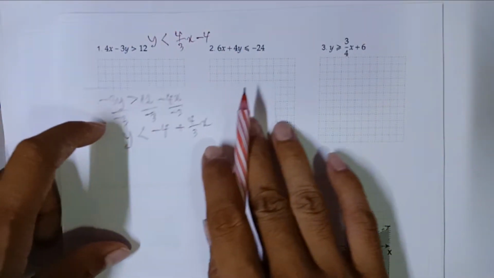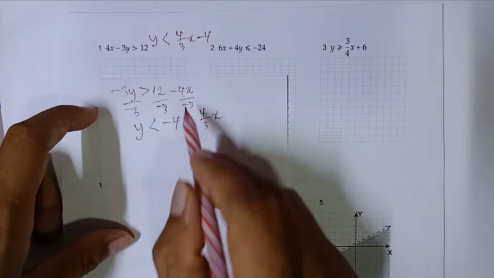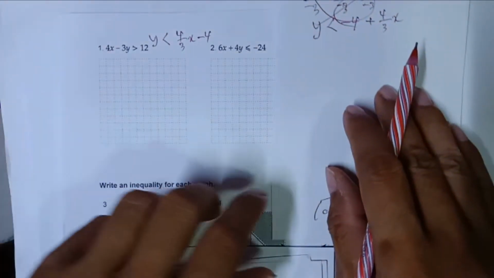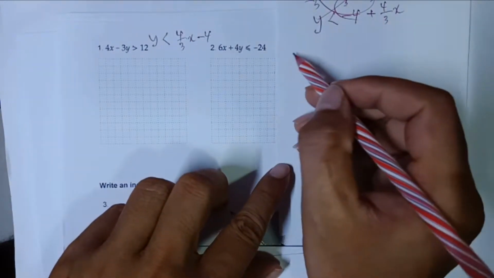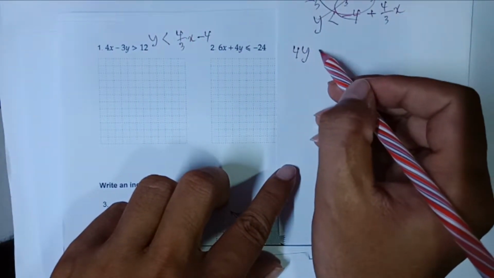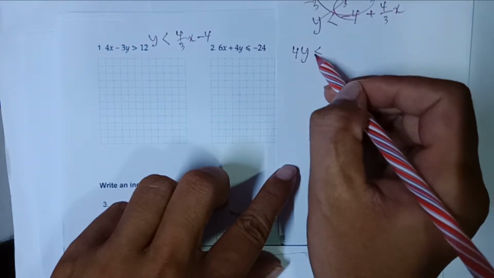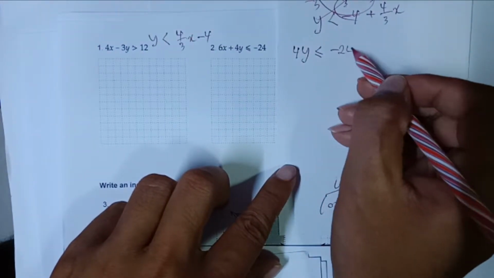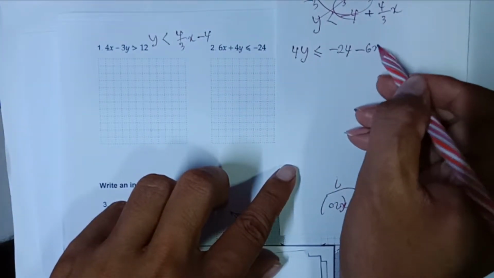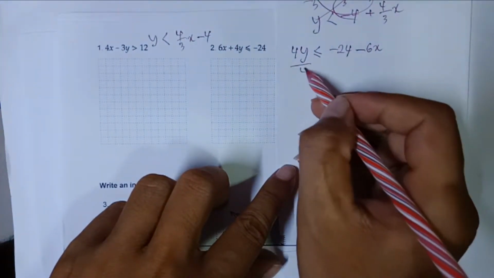Now we'll find the second one. For number 2, 4y less than or equal to -24. Now I transpose the 6x to the other side, so I have minus 6x. From that, you divide everything by 4.